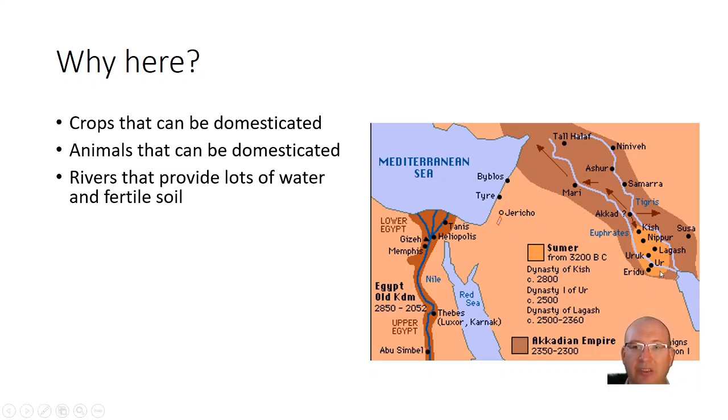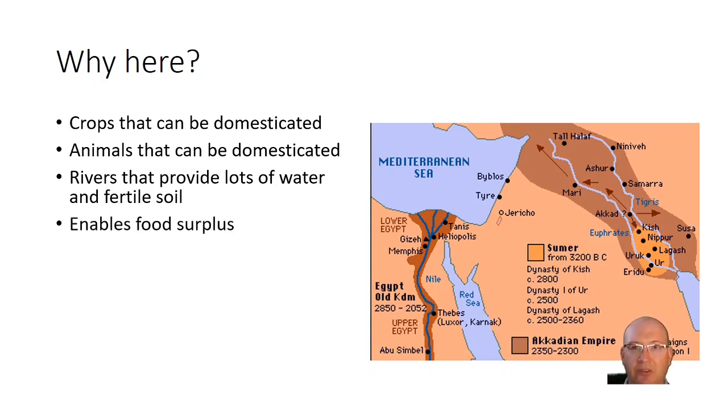Notice that this is a good place between two rivers, right? That's a good place to get lots of fresh water and to get fertile soil to use to take care of your crops and animals. And of course, Egypt is sometimes referred to as the gift of the Nile because it could not have existed without the Nile River.